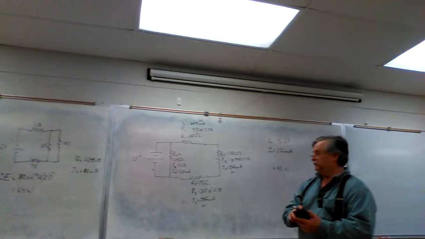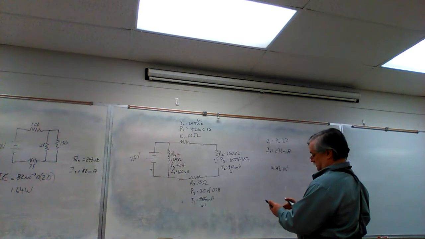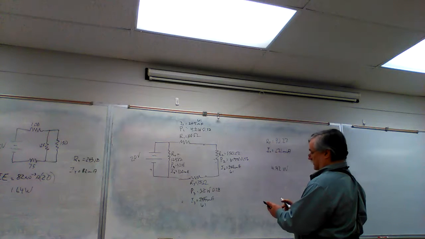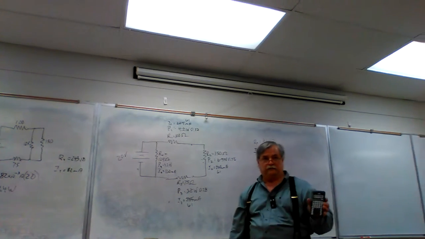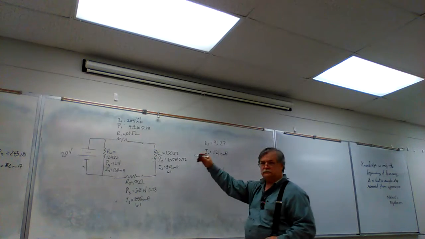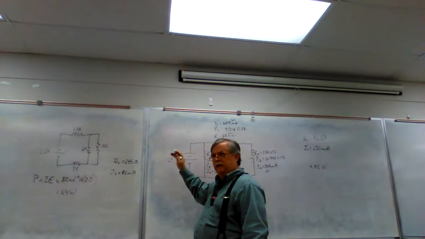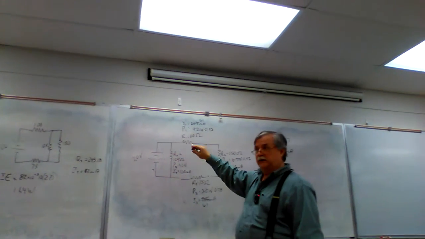Now, what is the sum of these wattages? Now they sum to 441. So within rounding error, the total wattage, the total power dissipated in the circuit is going to be the sum of the power dissipated in every load.